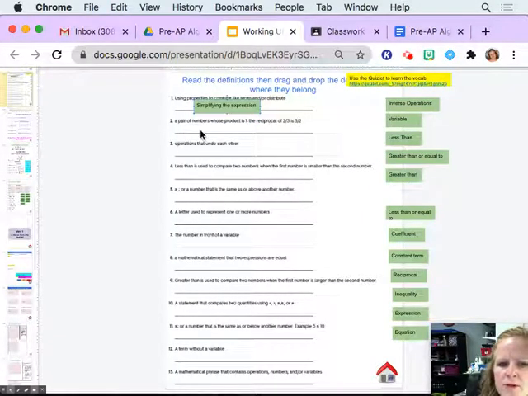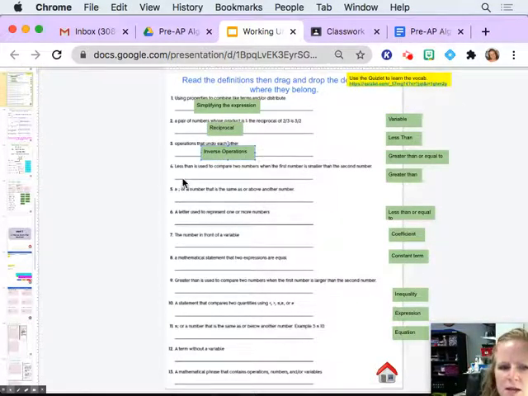A pair of numbers whose product is 1, the reciprocal of 2/3 is 3/2. A pair of numbers, yeah, reciprocal. Operations that undo each other. Inverse. Less than is used to compare two numbers when the first number is smaller than the second. So it's just less than.